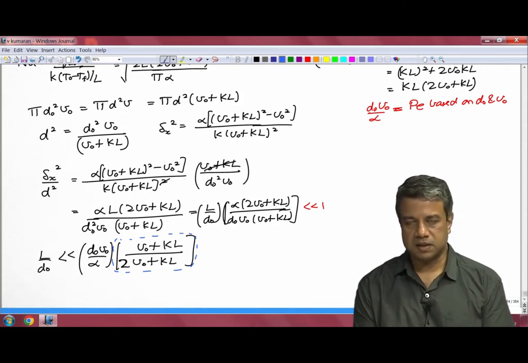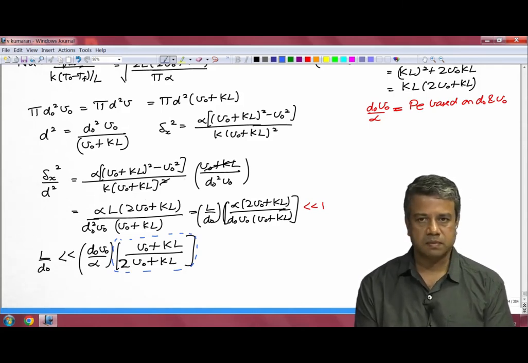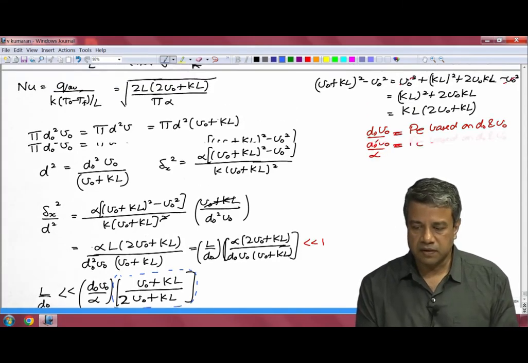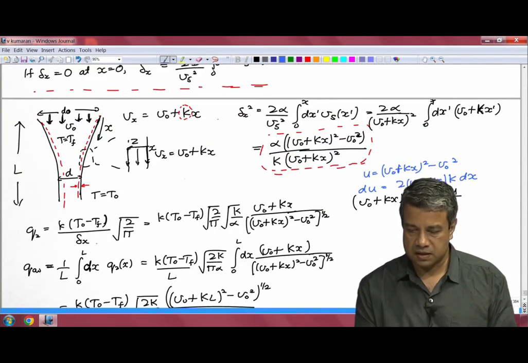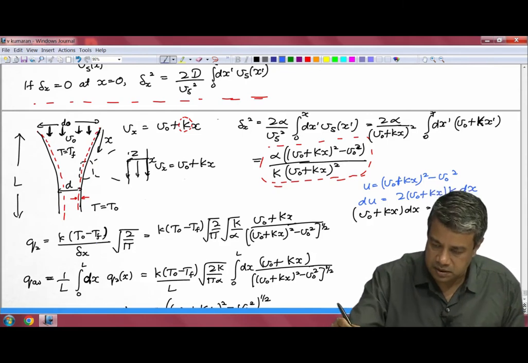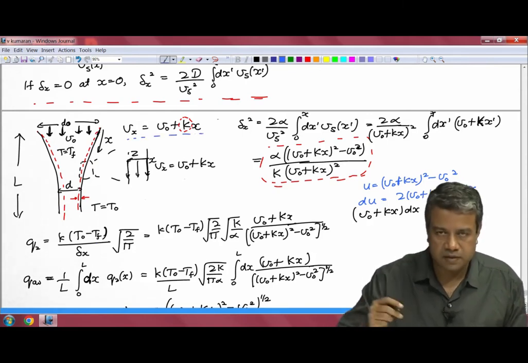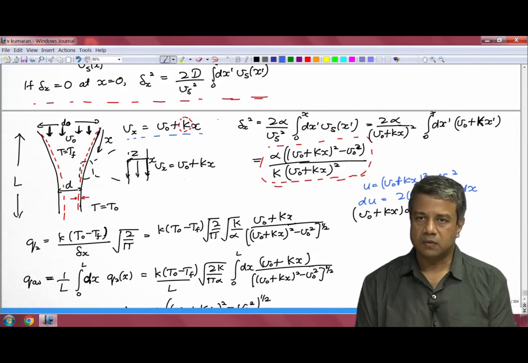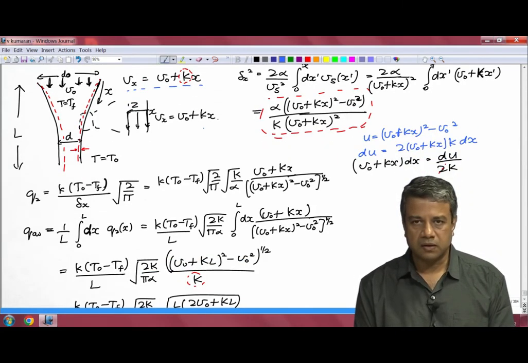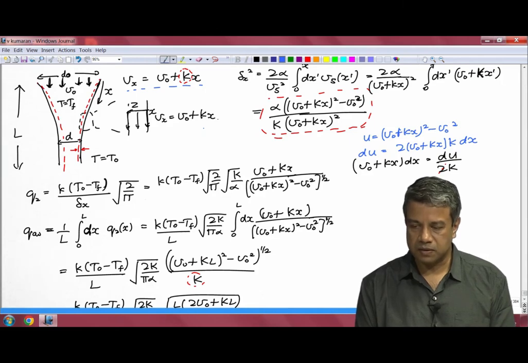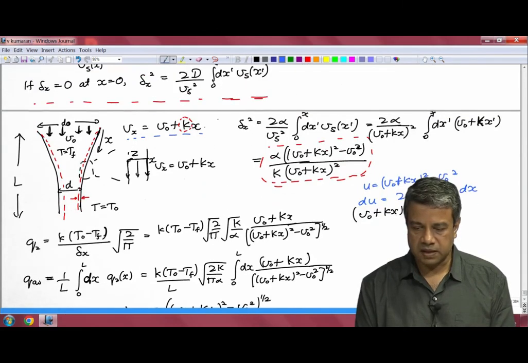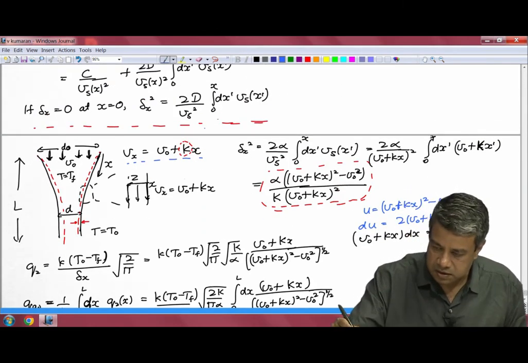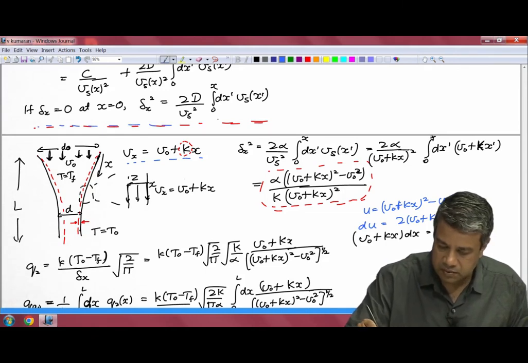So, this illustrates for you how this method of boundary layer analysis can be used even in cases where the velocity is a function of the downstream distance. In such cases, we know the surface velocity and its variation with respect to x, and in order to get the boundary layer thickness, all we need to do is substitute that velocity field into these expressions for a 2-dimensional flow.